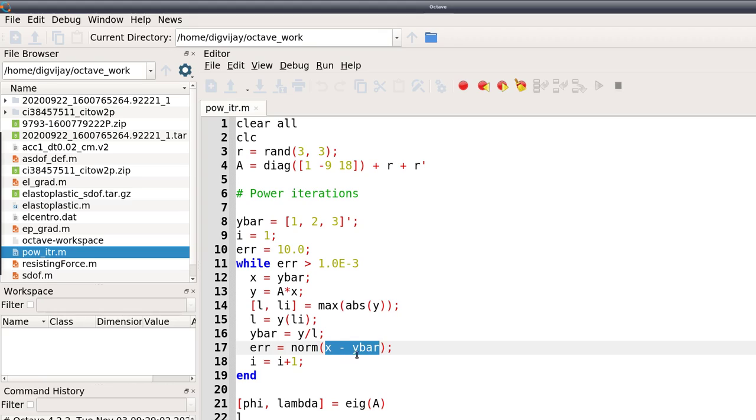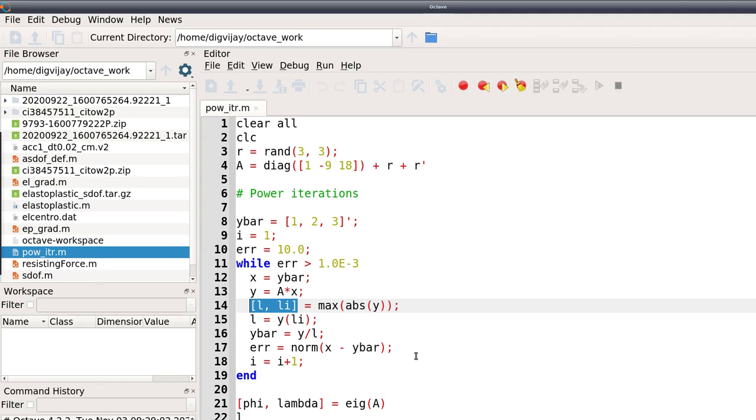Sir, this line, L i is equal to maximum absolute y, because the maximum absolute y will be a scalar. So in which of these values will this value be stored? It will be L or Li. You look for this maximum command in Octave and you will understand what this is.